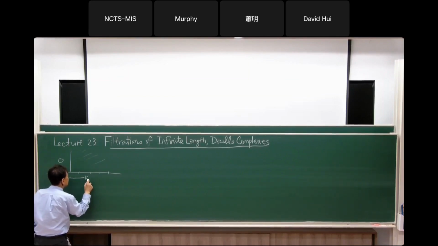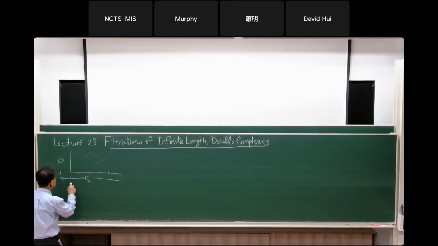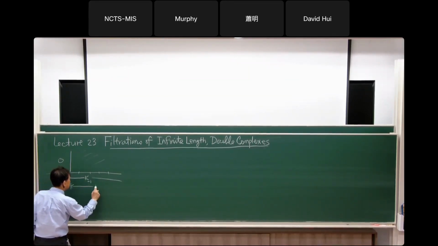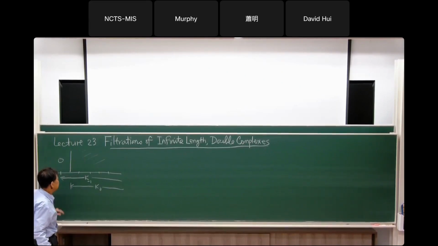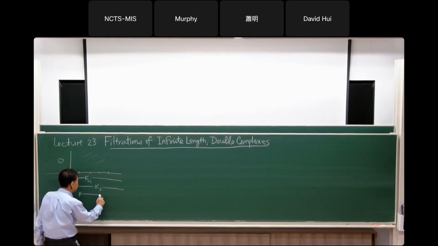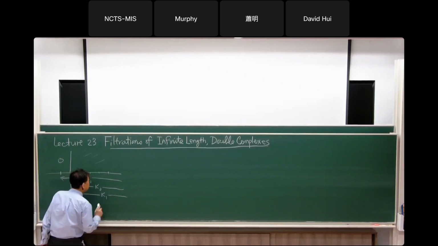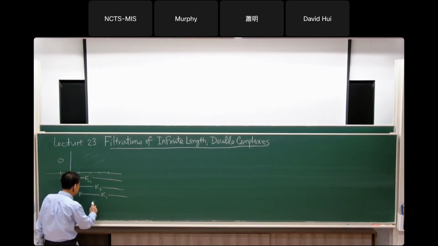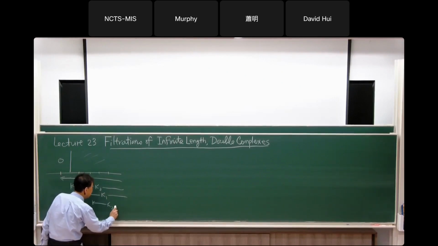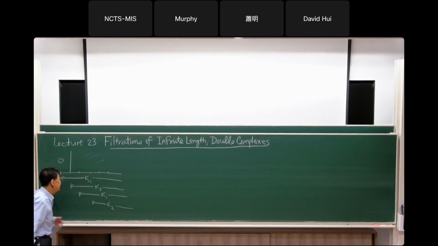So this part is K minus 1. K minus 1 is the same as K0. K0 is K. And then K1 is a subgroup. And then K2 is a subgroup. And this could go on forever.